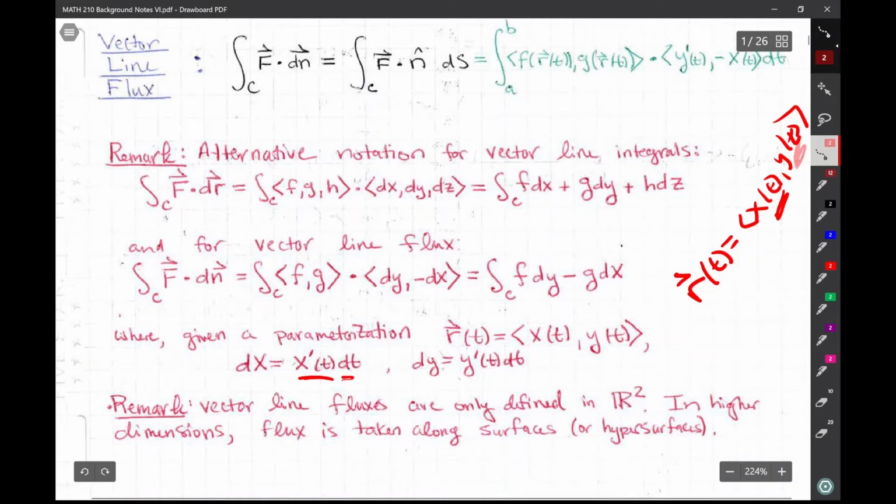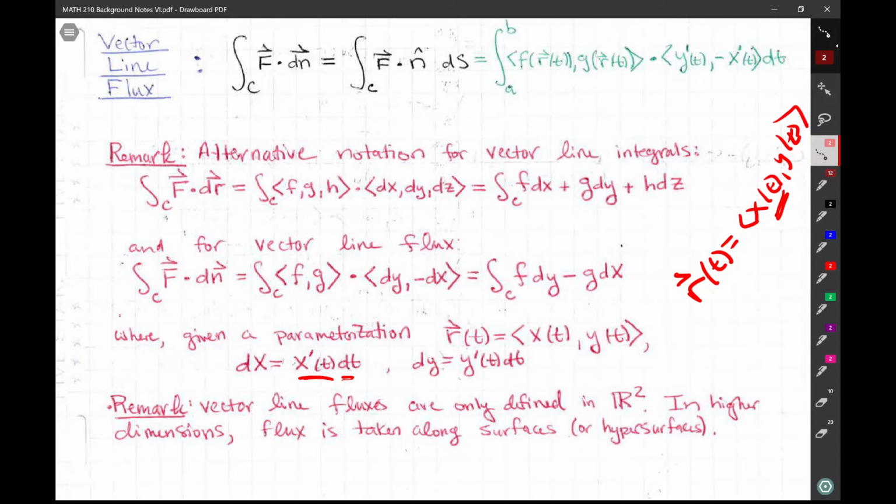You take the y component of the parameterization, take its derivative, multiply by dt, and you'll be left with an expression that has dt at the end of each of these. That's what you're actually integrating over dt. So it's not the same thing that you would do in Calc 2, so be careful when using that.